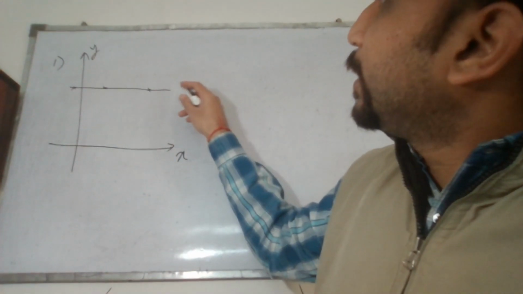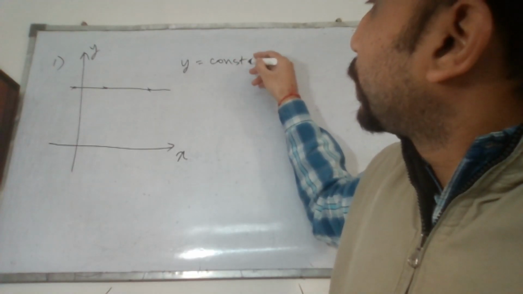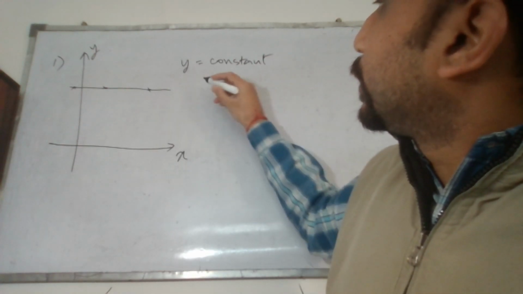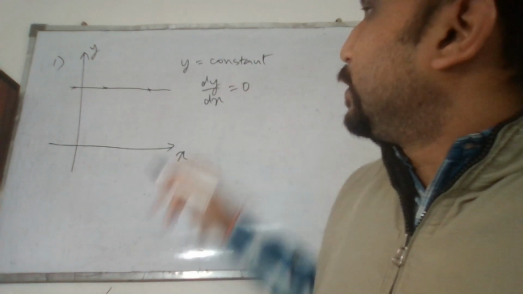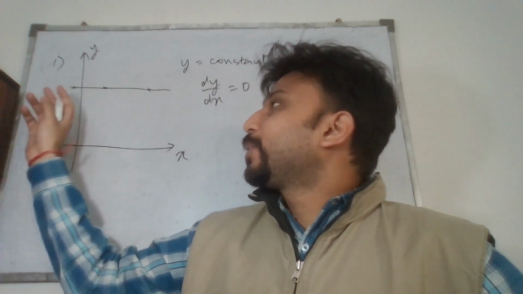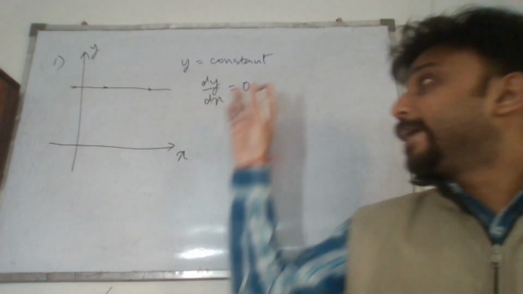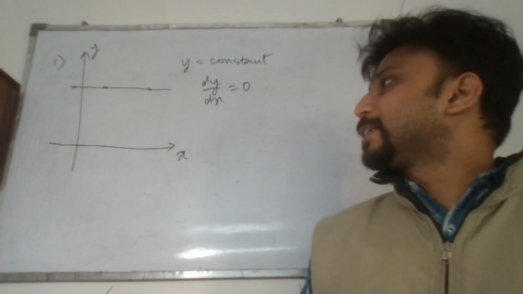So that means that if y is a constant, then dy by dx is zero. This is what differentiation means: finding the slope of the tangent. If it is the same at all points, it will represent some number. If that slope is zero, it becomes zero. So this is one of the first cases which we discussed.